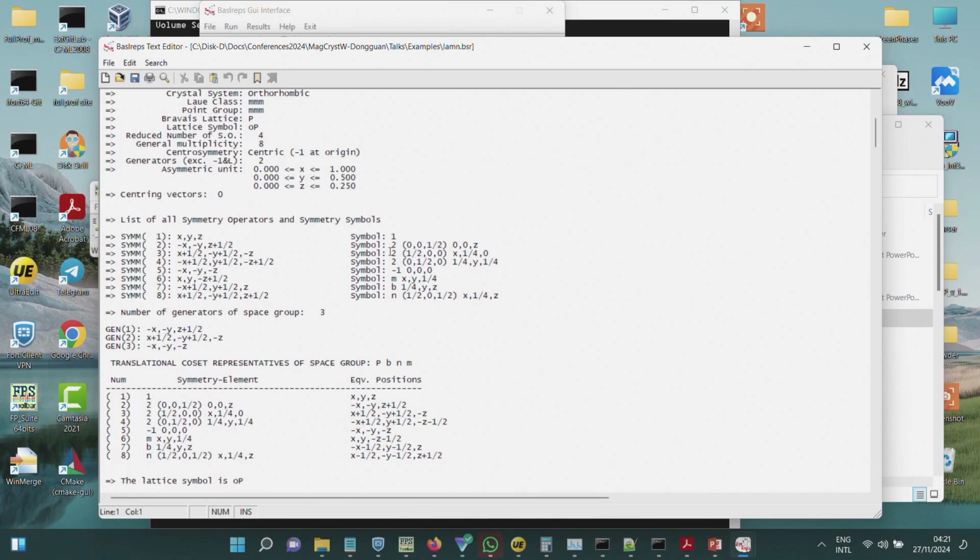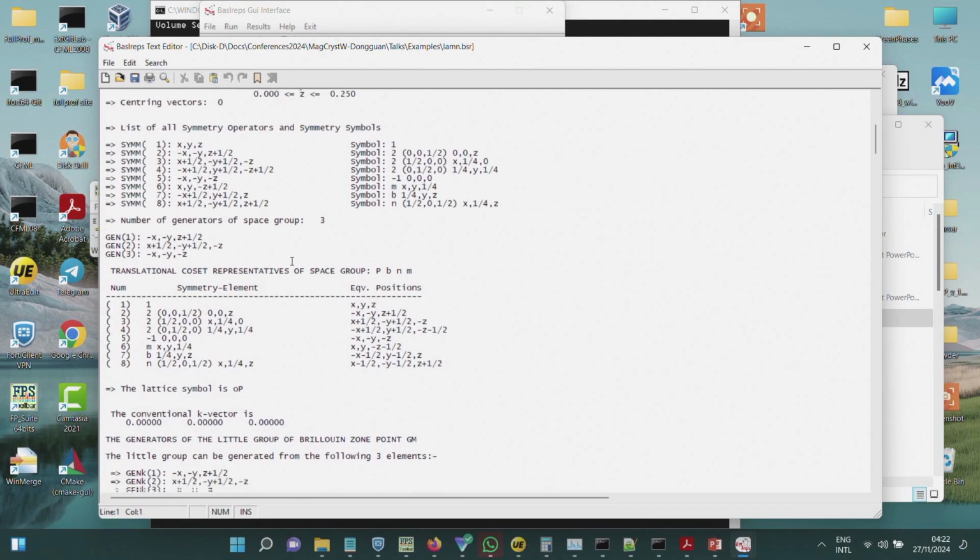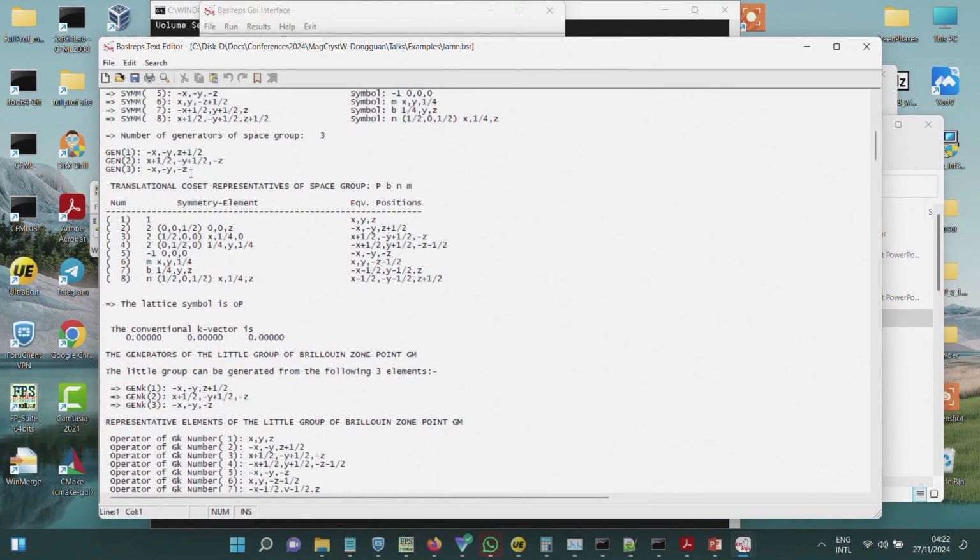It's a binary axis along x with a translation which is 1/2 here, and this is the position of the binary axis. All the information is here. The number of generators of the space group is this one. You can see here the translational coset representatives of the space group Pbnm. These are exactly what we have here.